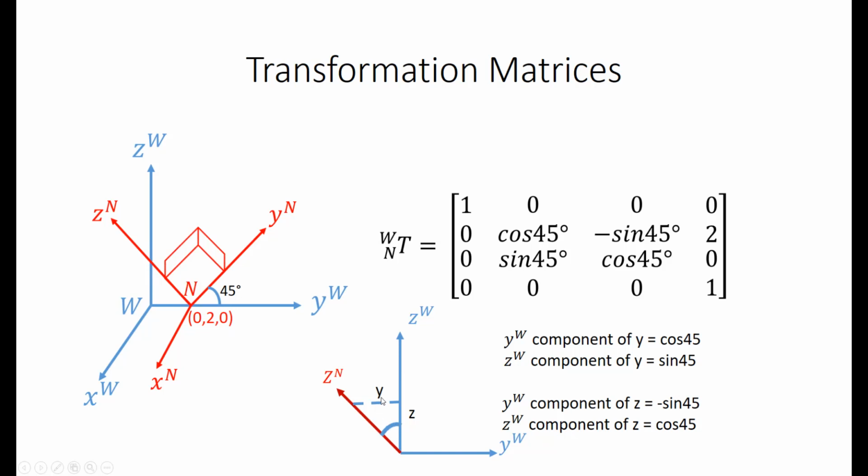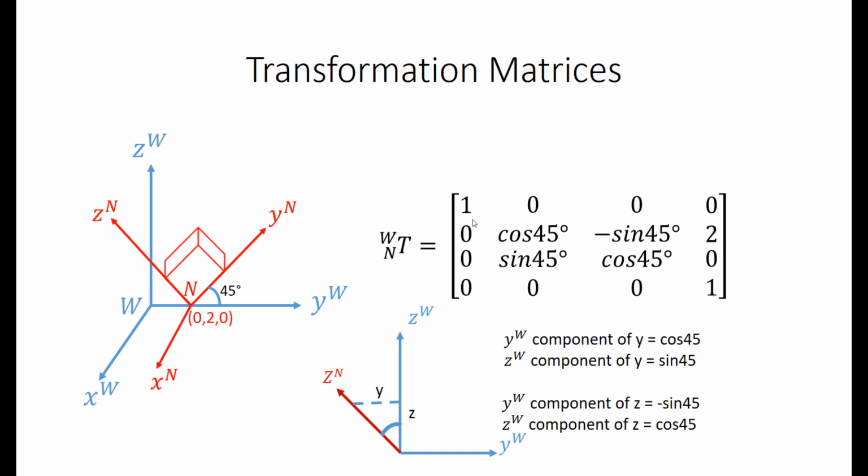And also keep in mind that the z vector, z of n, is pointing in the negative direction of y of w, so we have to tack on this negative sign. So it's actually going to be negative sine 45 degrees. The z component is going to be adjacent to the angle, so we would just end up with cosine 45 degrees for that one.